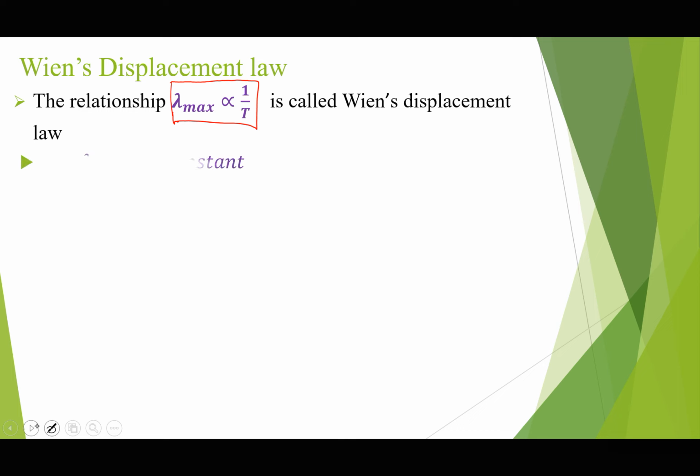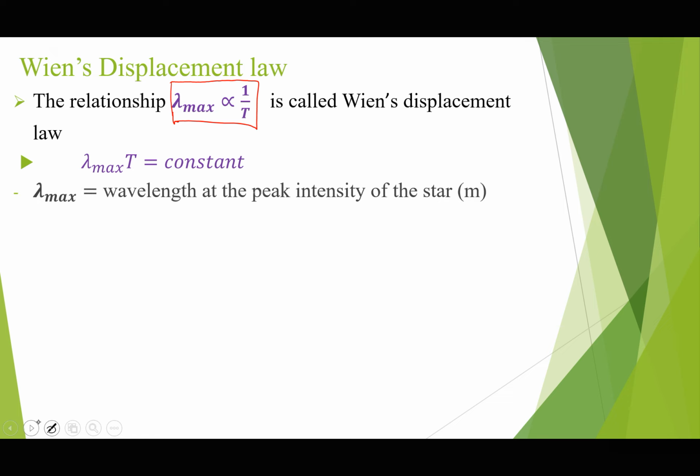So we are saying lambda max times T is therefore going to be equal to a constant. That is, if I cross multiply both sides by T and remove the proportionality sign, lambda max times T is simply equal to a constant. Lambda max is the wavelength at the peak intensity.